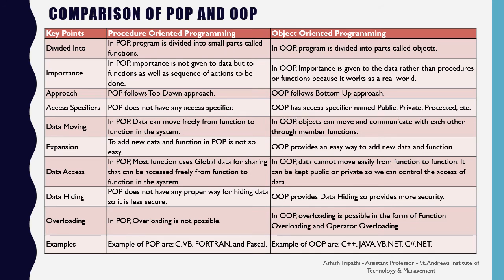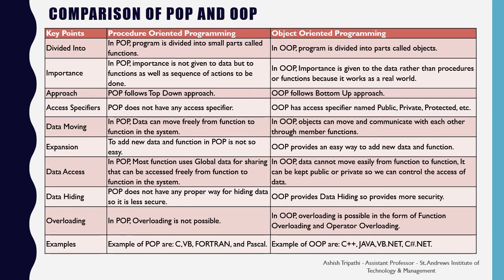In POP, data is moving freely from function to function, so lacks security as this data can be trapped easily, but in OOP, the objects exchange messages among them, and each object can access its data with the help of its own member function.